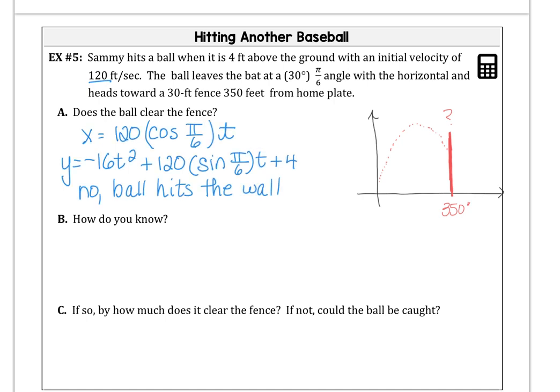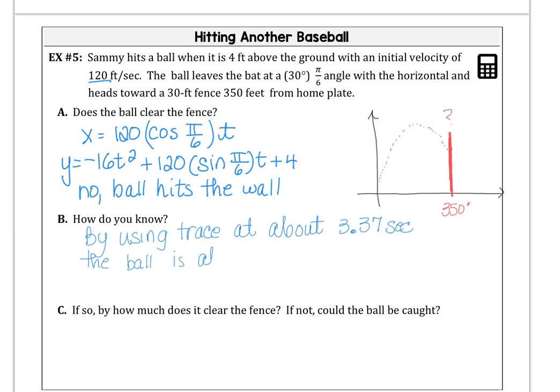So we said by using trace, and if you do this with me, at about t equals 3.37 seconds, the ball is at 24.9 feet in the air. And we've got a 30-foot fence.